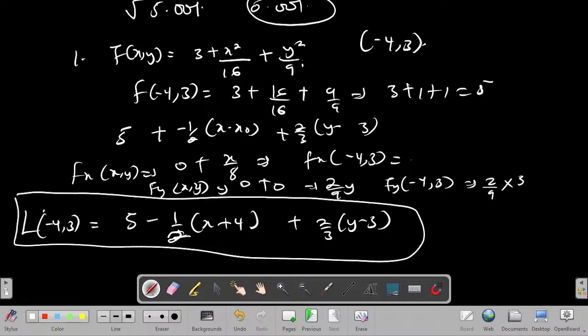That's good. This is the whole idea. This is all for linear approximation, and let's proceed.